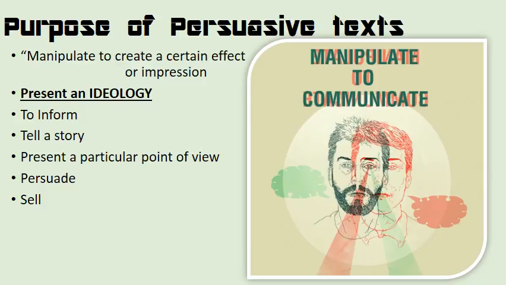You see perhaps a billboard which is selling Coca-Cola. Okay, it's asking you to buy into Coca-Cola, and the way it does that is through certain ideologies that it hopes identifies with the consumer.